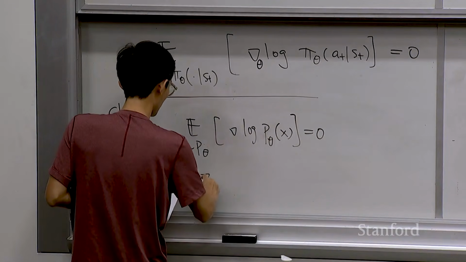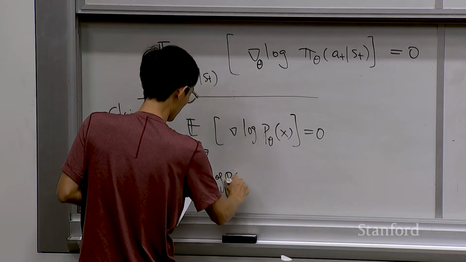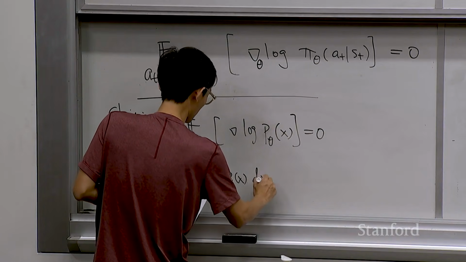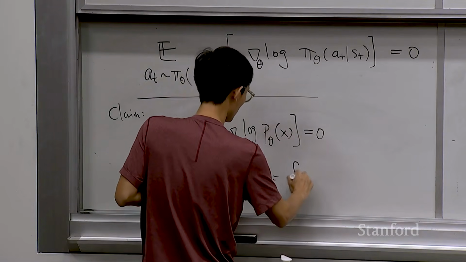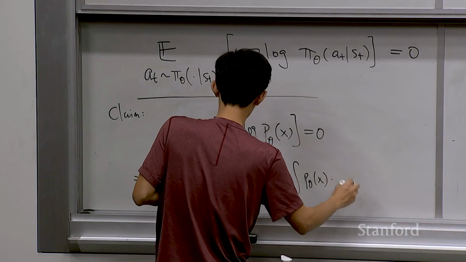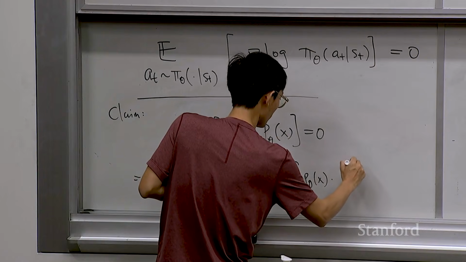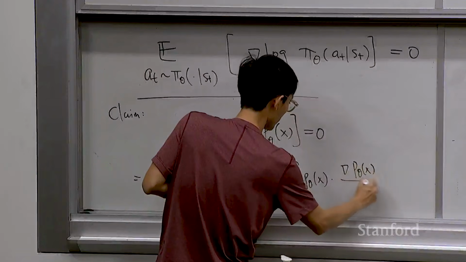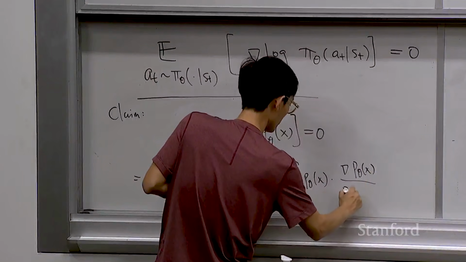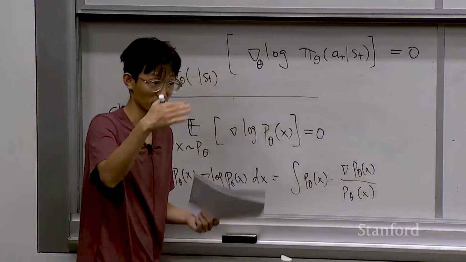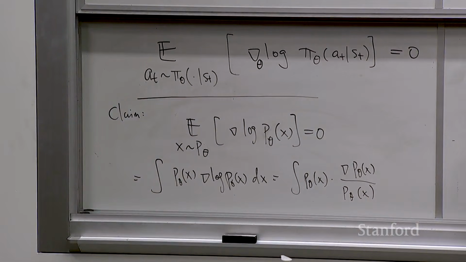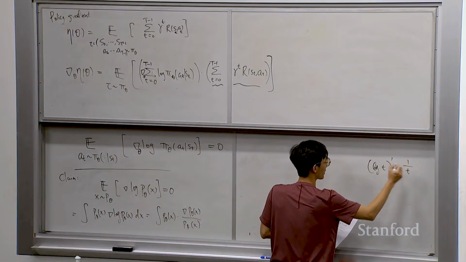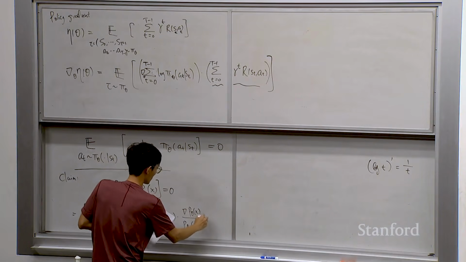And then the gradient of log, let's just write it down first, times dx. Then let's take the gradient. The gradient of the log is the gradient of what's inside divided by what's inside, using the fact that the derivative of log t is 1 over t. So I'm using the chain rule here.